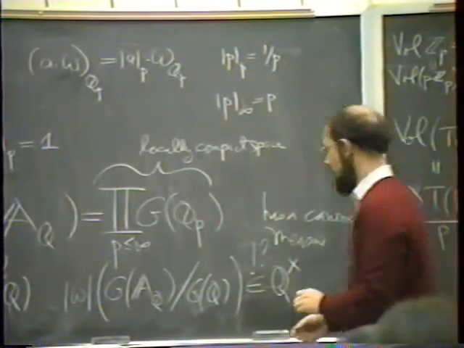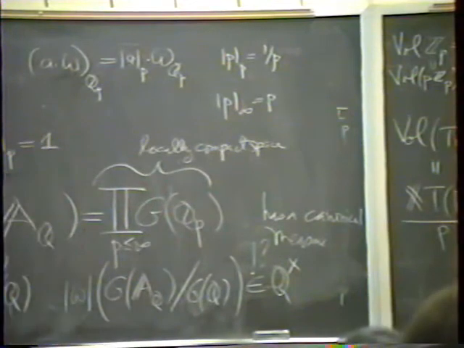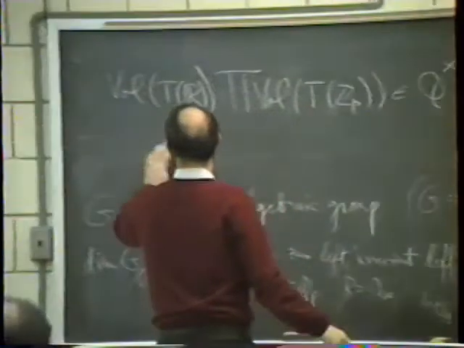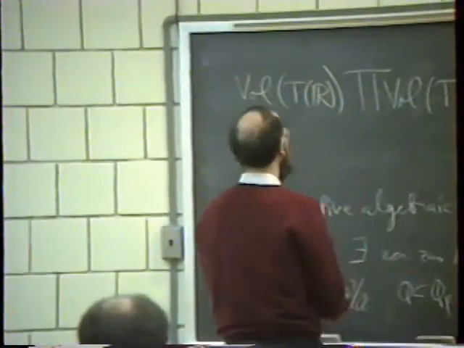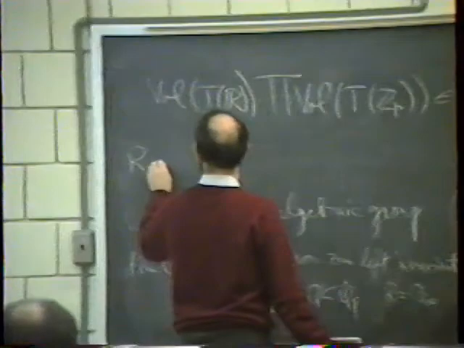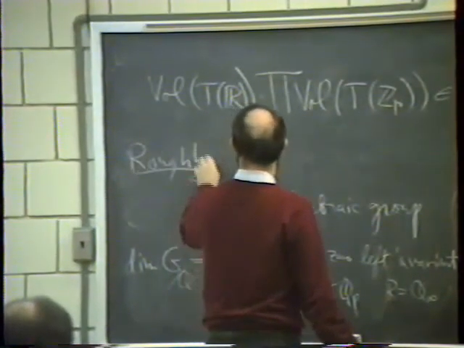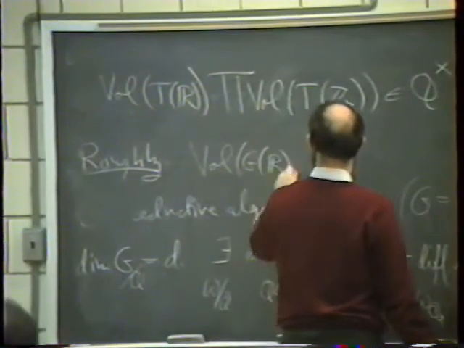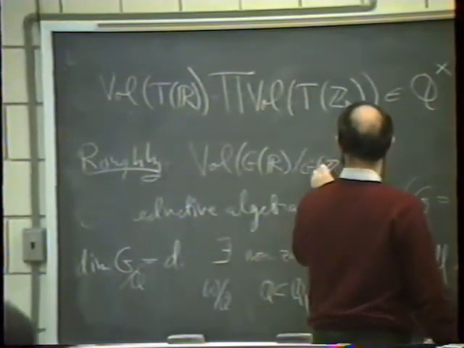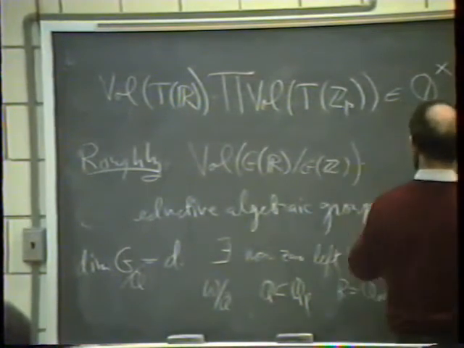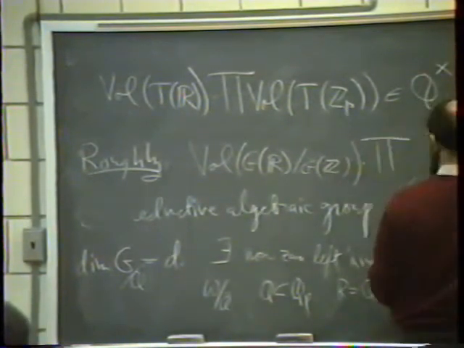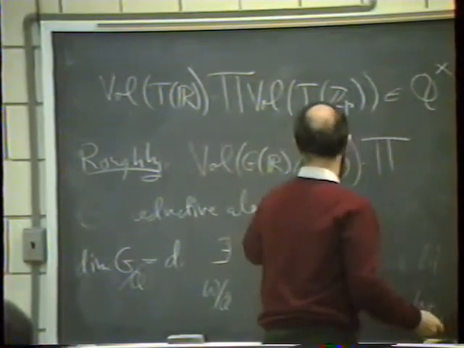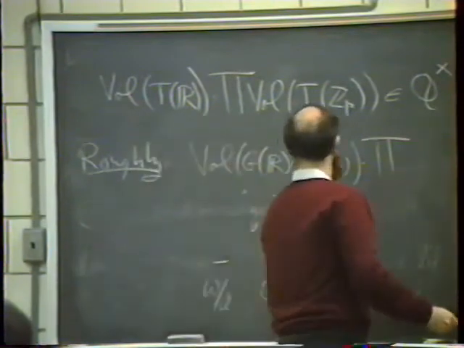A non-zero rational number. So therefore we can read back this kind of calculation that we did here and find essentially that something like, so roughly, we find the volume of G of R modulo G of Z times the product of the volumes here, but we sort of did a calculation, and the same kind of calculation works in general.